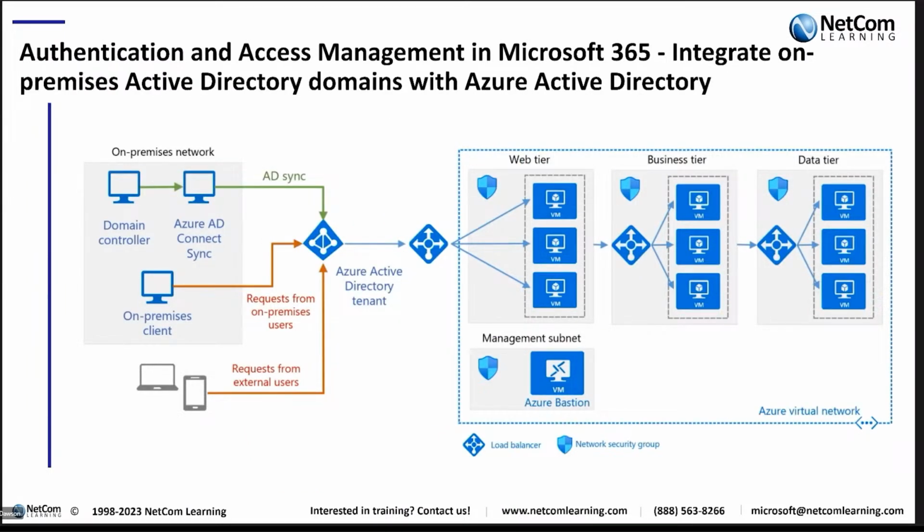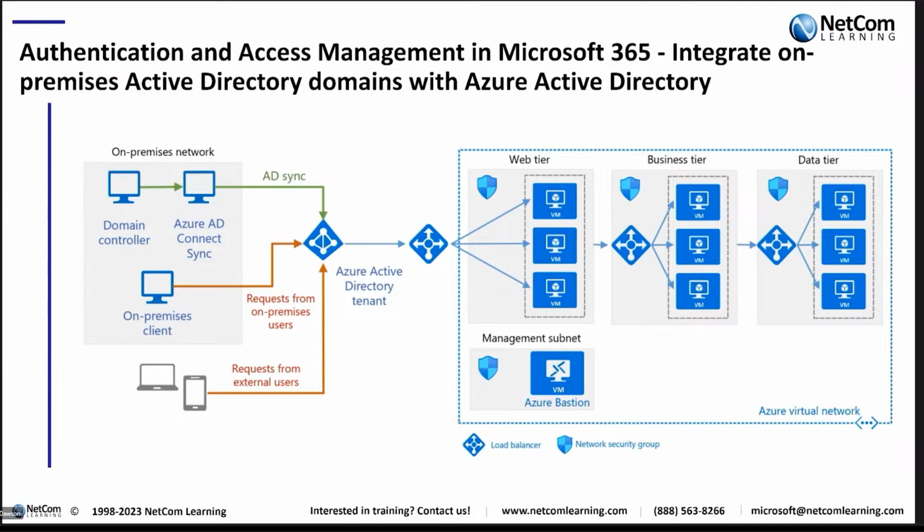Authentication and access management using integrated on-premise Active Directory is another way for us to integrate Active Directory domains with Azure Active Directory structures. In this example, we have our on-prem network with a domain controller, and we're using Azure AD Connect to synchronize to Azure Active Directory in our tenant.